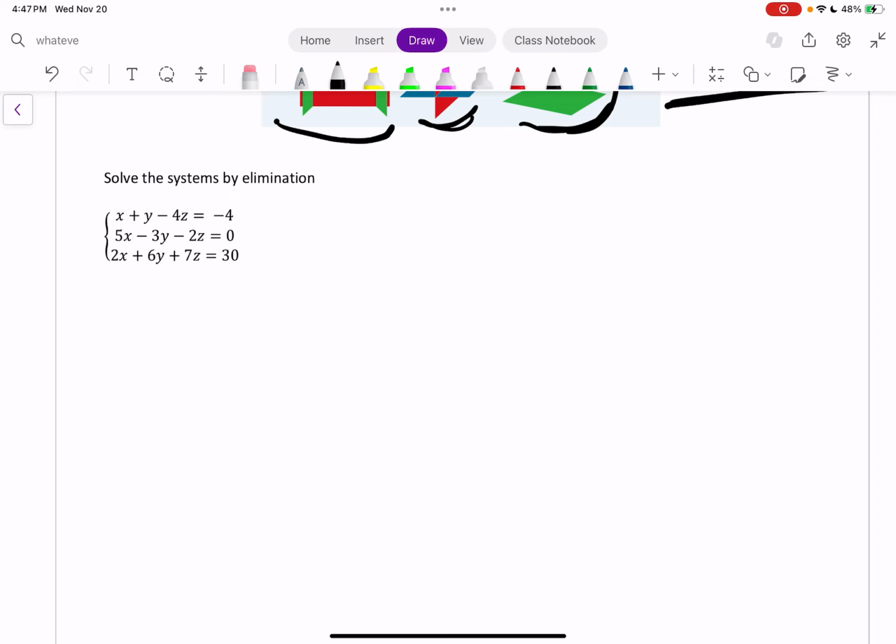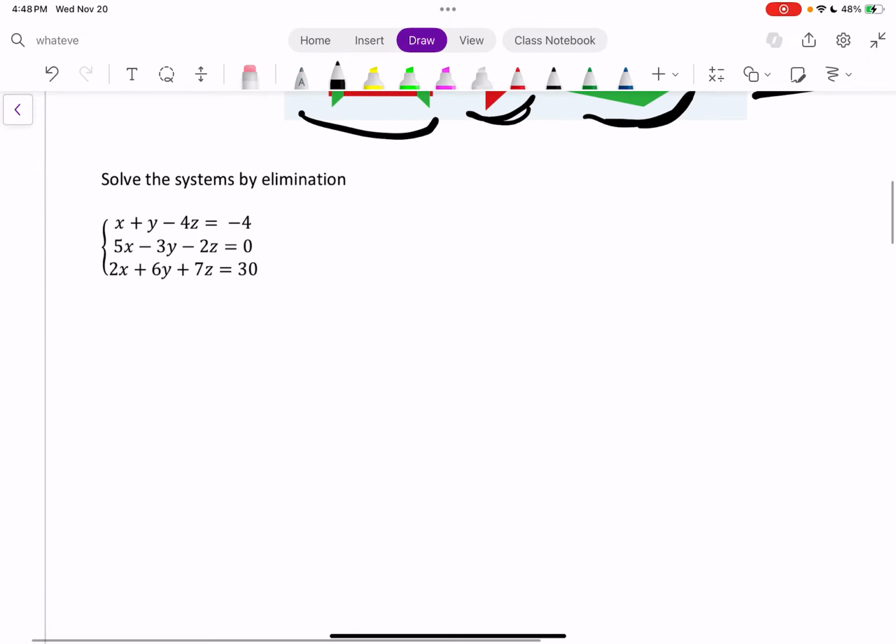It could, but it takes a long time. So the only method we're going to use is the elimination or the addition method. Again, some books call it the elimination, some books call it the addition method. It's the same method. By the way, it's elimination by addition. So it's suggesting that you will eliminate something if you add equations.